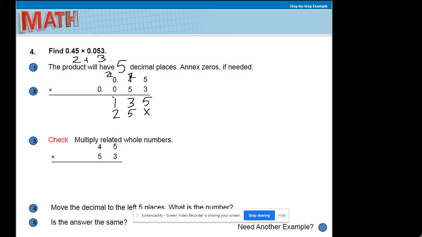5 times 0 is 0, plus 2 is 2. Again, we have our third number now, so we'll put 2 X's, so 1, 2, 3, so that's going to be 3 zeros, because anything times 0 is 0.